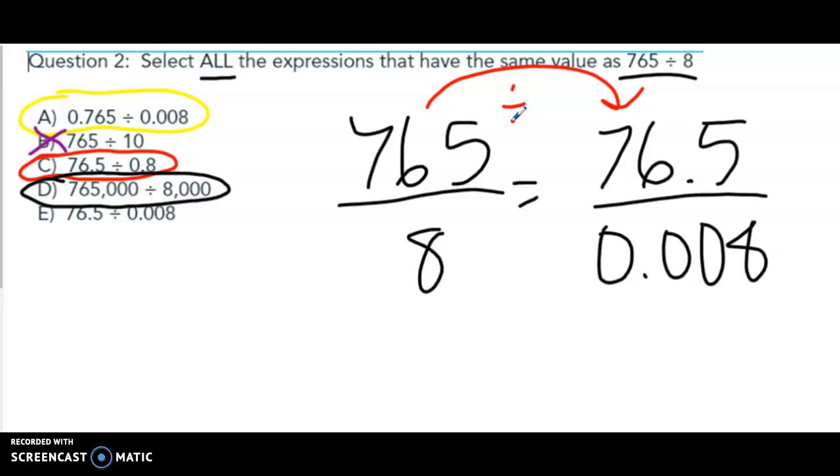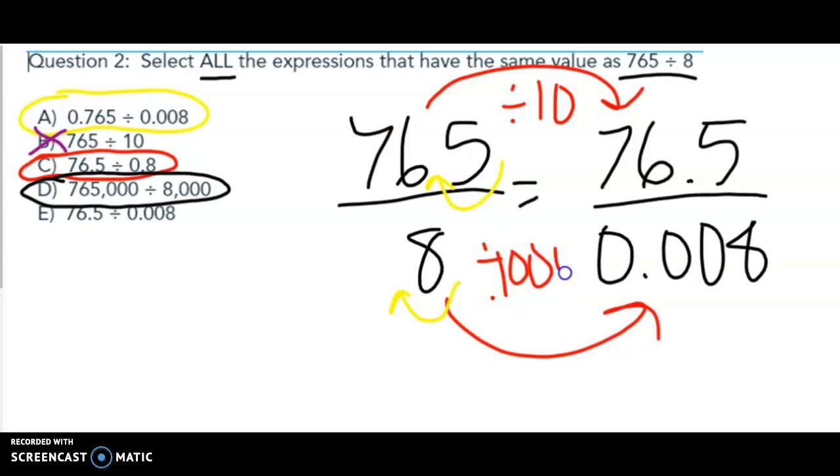And I've only moved the decimal 1 place over, so I'm dividing by 10. Let's see if I'm dividing by 10 from 8 to 8 thousandths. Well, if I'm dividing by 10, I'm moving my decimal 1 place over. Looks to me like we've moved our decimal 3 places over. So that means down here I've divided by 1,000. And it would be 2 more. And I would add those zeros in to get exactly that same.